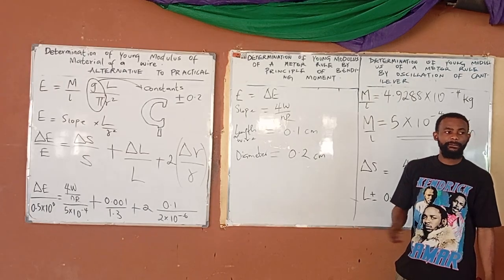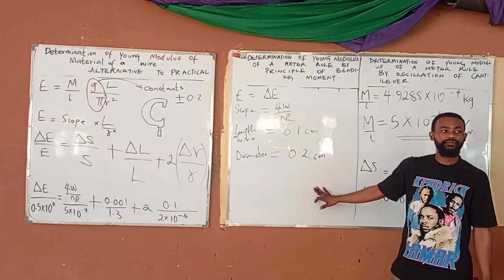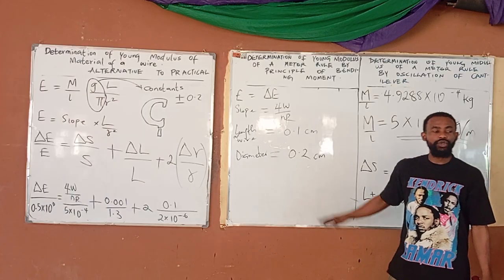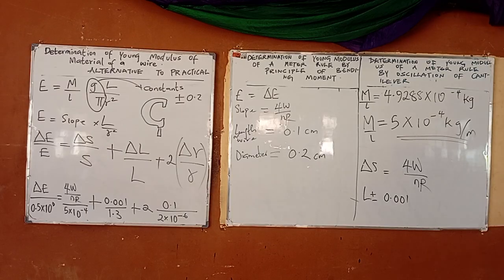They can use vernier caliper to measure the length of the wire. Do you know what vernier caliper is? It has the external and the internal. Everything that micrometer screw gauge can measure, vernier caliper can also measure.